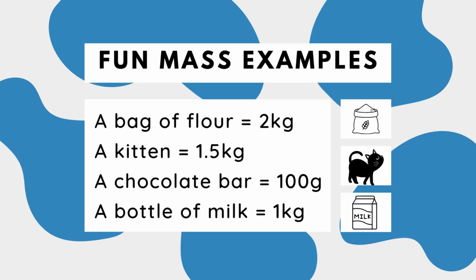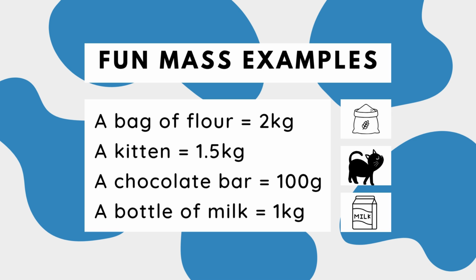Fun mass example. Let's guess the mass of these everyday items. Do you think a chocolate bar is heavier than a kitten? No! The chocolate bar might be 100 grams and the kitten might weigh 1.5 kilograms. But remember, grams and kilograms are different units.